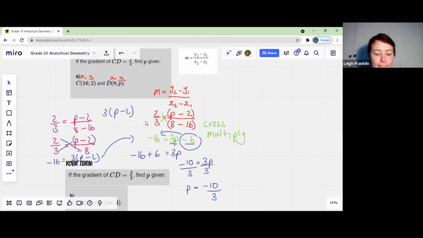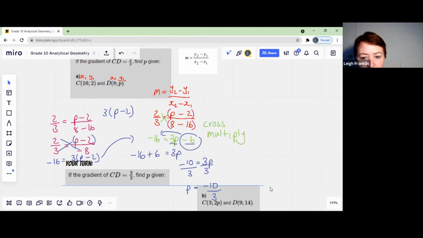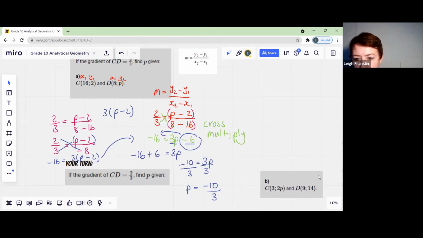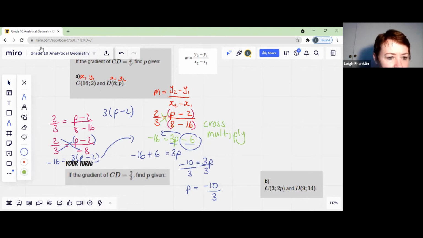All right. Everybody, I want you to have a turn as well. Okay, so it's a very similar question. If the gradient of CD is 2/3, find P. Okay, so what I'm going to do is I'm just going to move this out from behind here and I'm going to pop it over there. Okay, now I didn't notice this until now. Please just ignore the P over there.